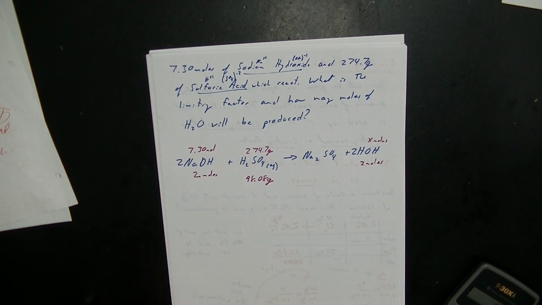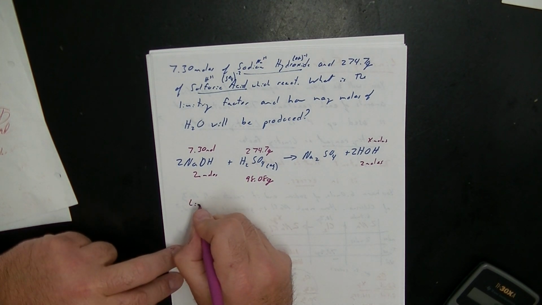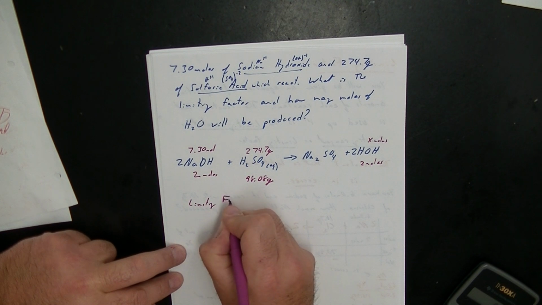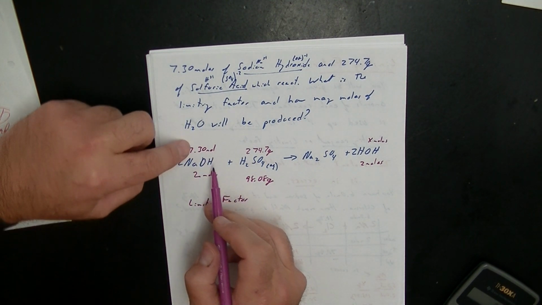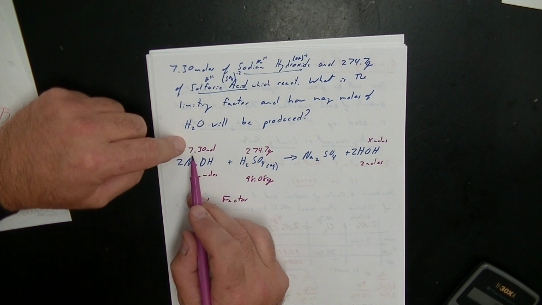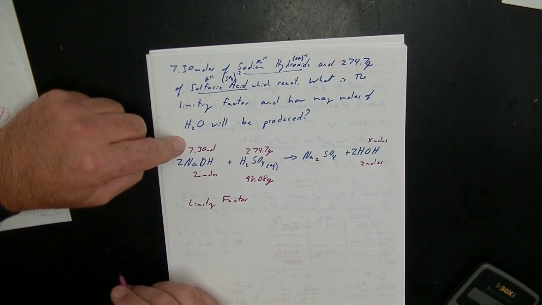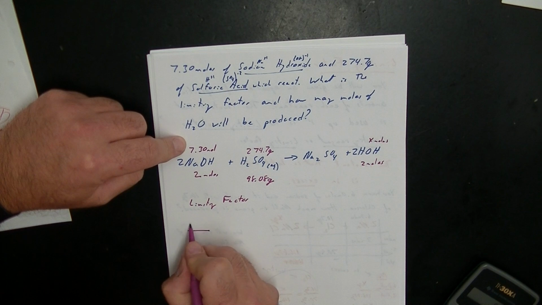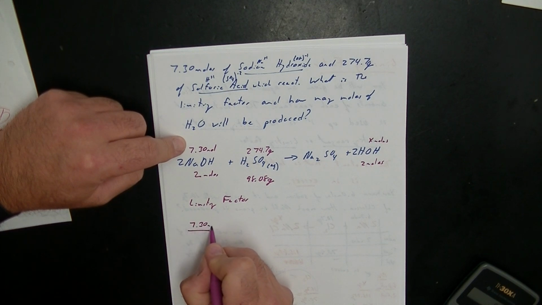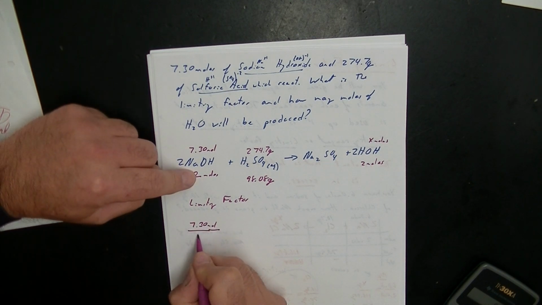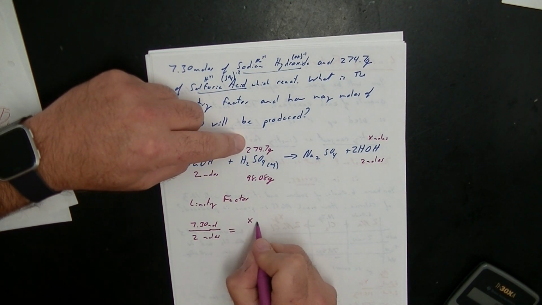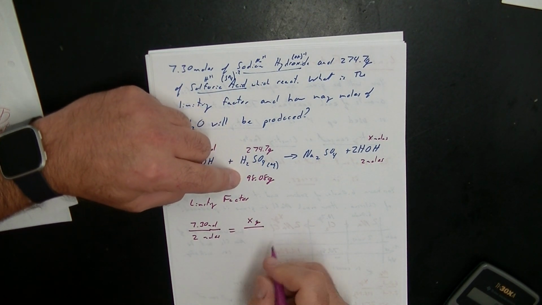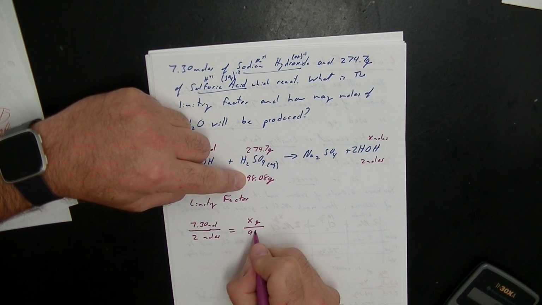So now, we need to figure out our limiting factor. And this is what I would do. How much H2SO4 do I need to react with 7.30 moles? I have 7.30 moles of NaOH over 2 moles, and I want to know in grams how much H2SO4 I would get.